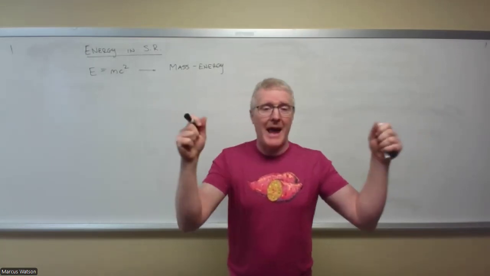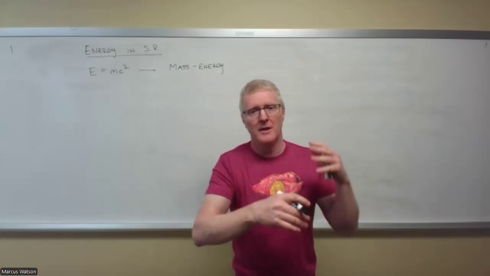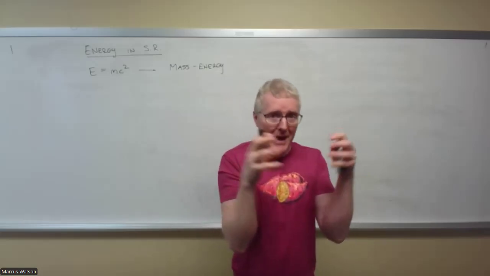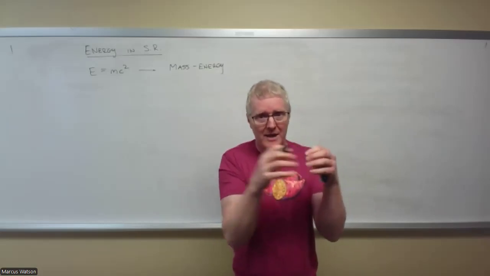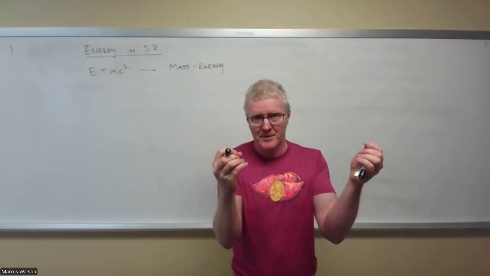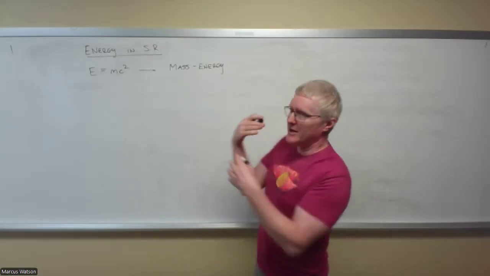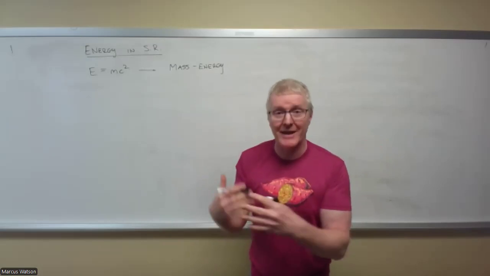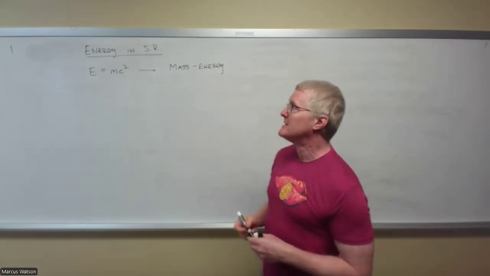Such that if I added those two masses and put them back together in a molecule, I'd have a different mass of the molecule. That's because there's binding energy involved here, and now the molecule does not weigh this plus this, okay? So there's energy wrapped up in mass, and also there's a mass equivalent of energy, okay?